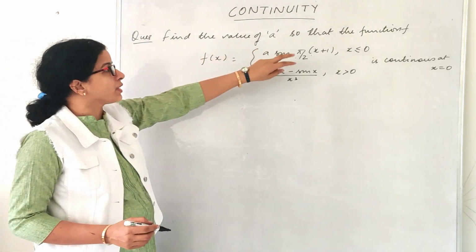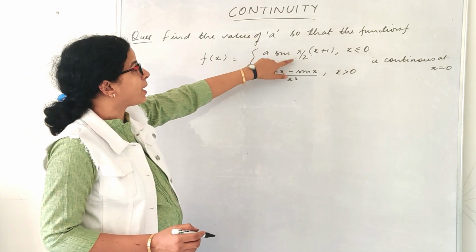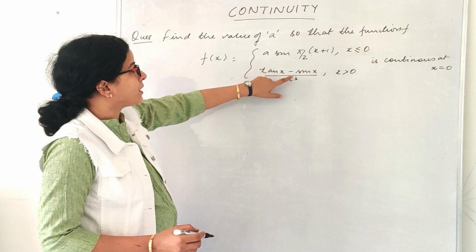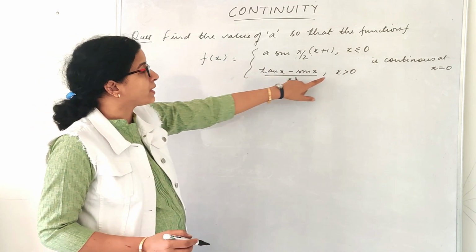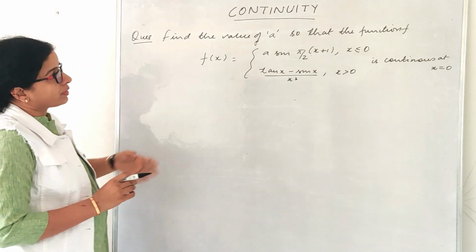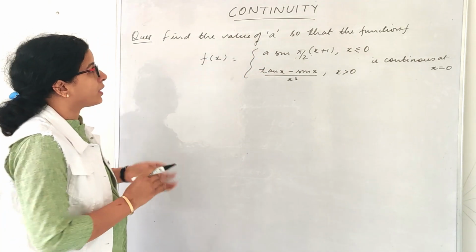Find the value of a so that the function f defined by f(x) is equal to a sin(pi by 2 (x plus 1)) when x is less than or equal to 0 and (10x minus sin x) upon x cube when x is greater than 0 is continuous at x is equal to 0. So the function is continuous at x is equal to 0 and we have to find the value of a.